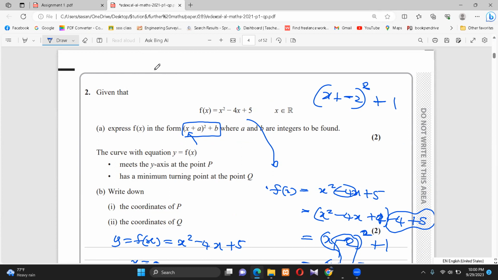No, actually, the square method means converting any type of quadratic expression into this format. So what are the advantages of using the square method? There are three major advantages.